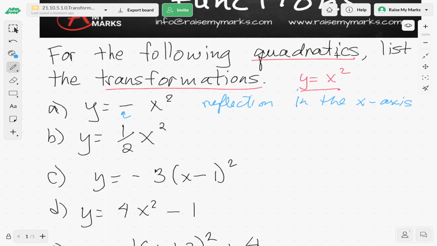All right, so next one, part B, y equals a half times x squared. Again, the half is our transformation. What does it do?